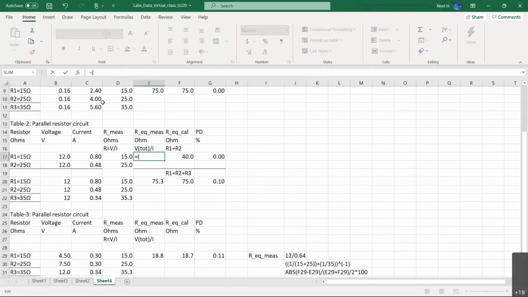R1 should be 1 over, parentheses, 1 divided by this calculated value, close parentheses, plus 1 divided by this calculated value, second R2, close parentheses, close outside parentheses, power minus 1. Okay, now you should get the right answer. Good. That's a good point.